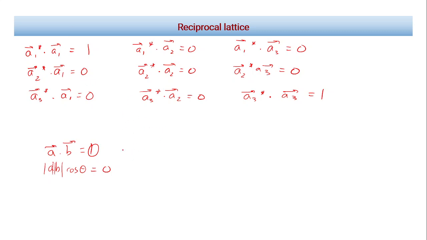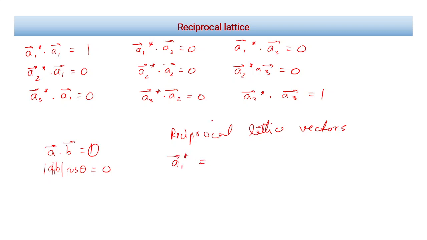So this is the relation, and you must have seen in lectures also, I'm just writing the expression for these reciprocal lattice vectors that I said, A1 star, A2 star, A3 star. How do we define them?